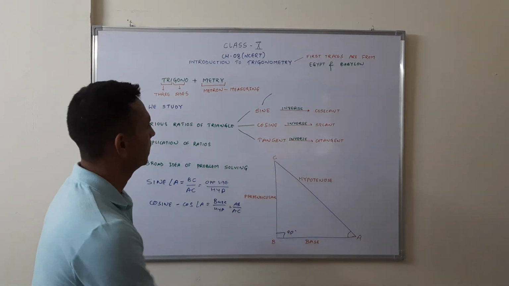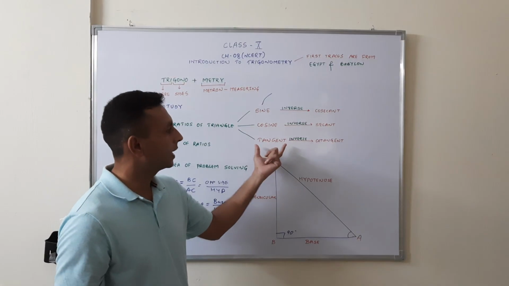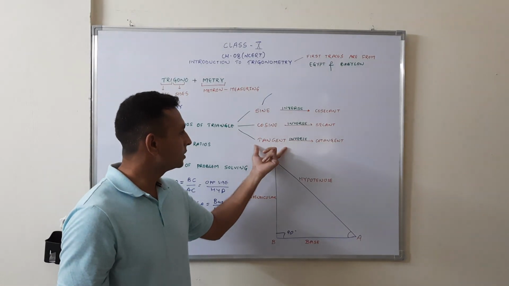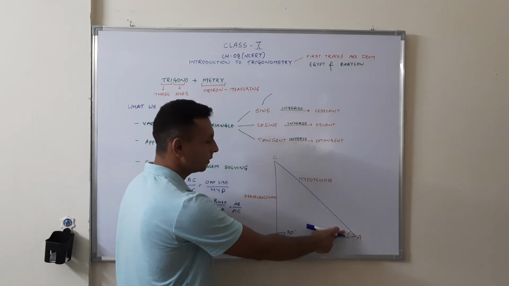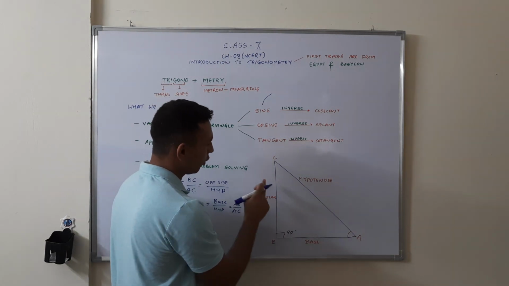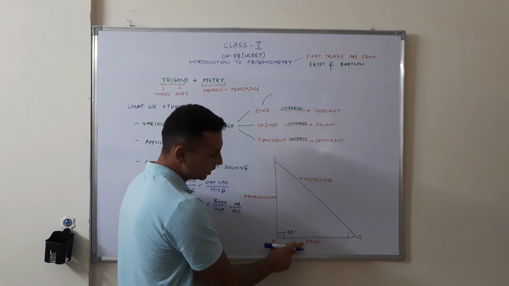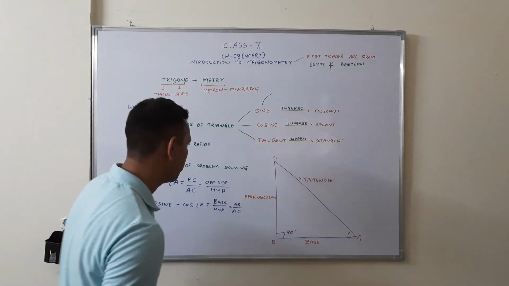Now comes tangent. What is tangent? If I take the tangent of this angle, it is nothing but the ratio of opposite side to base.